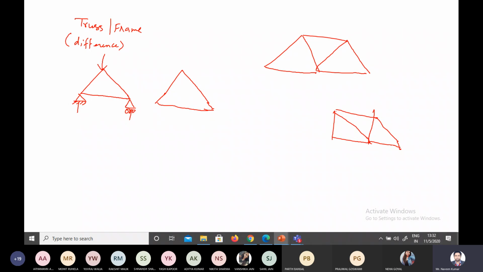This is also a form of truss. So truss has a number of assemblages of triangles, and each triangle is made of a different number of members. So ignore this part here, ignore it. I am talking right now for this part, and now see this.